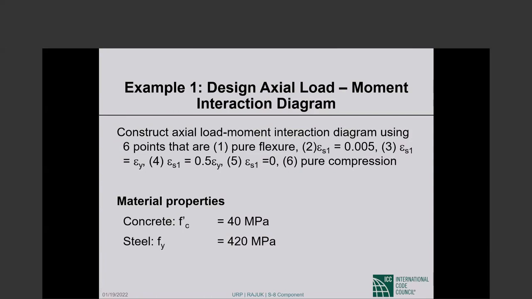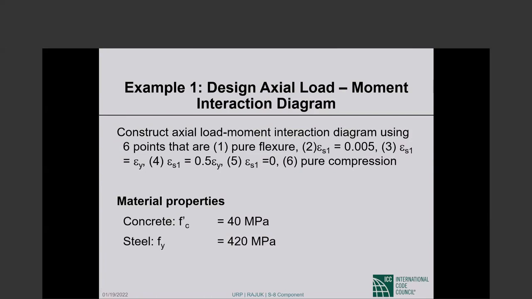Number 3, strain in the bottom reinforcement is equal to yield strain. Number 4, the strain in the bottom reinforcement is 1/2 of yield strain. And then number 5 is strain in the bottom reinforcement is 0.